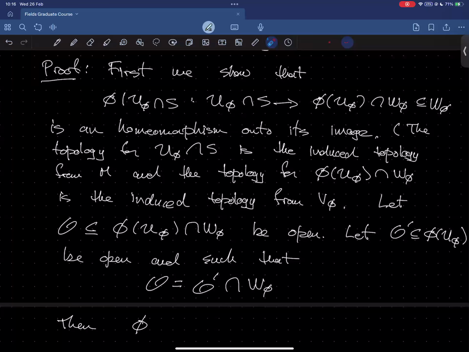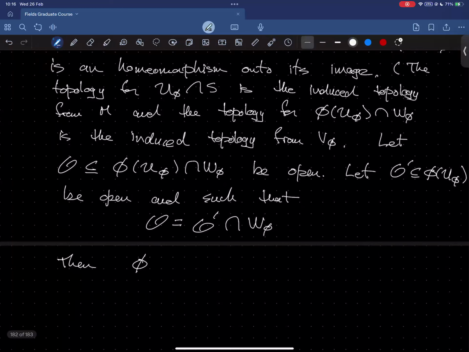So I need to show that the preimage of O in here under this mapping is open in here. Okay, so it's phi restricted to U phi intersect S, inverse of O, which is equal to, okay, so what's it going to be?